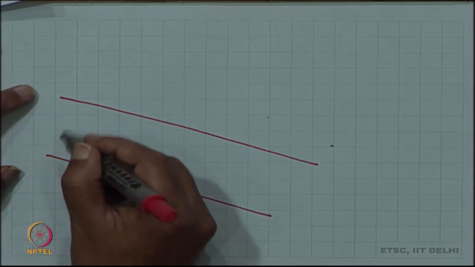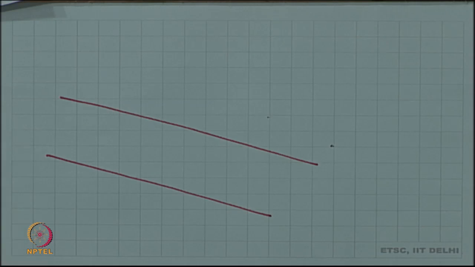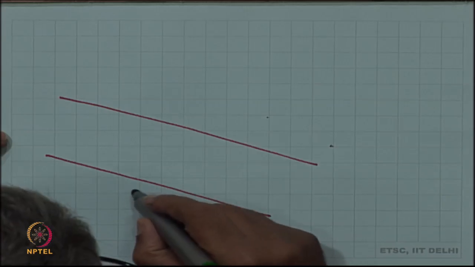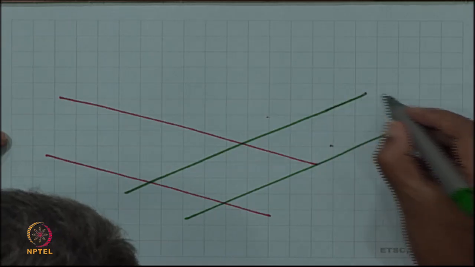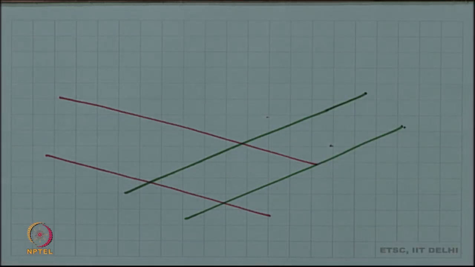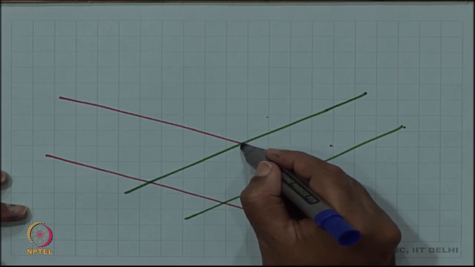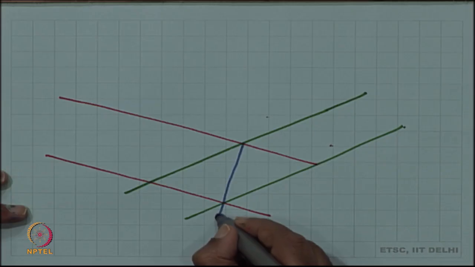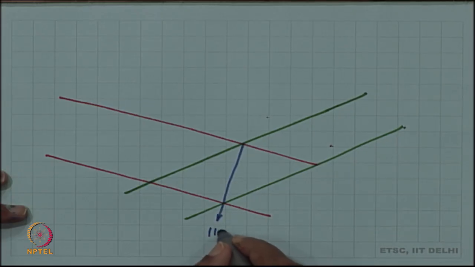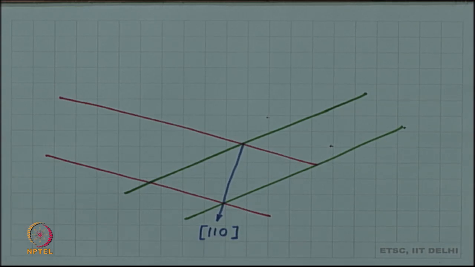Let me say that this is my red plane, and this is my green plane, and they are intersecting as we saw on this blue line, 1 1 0 is the line of intersection.